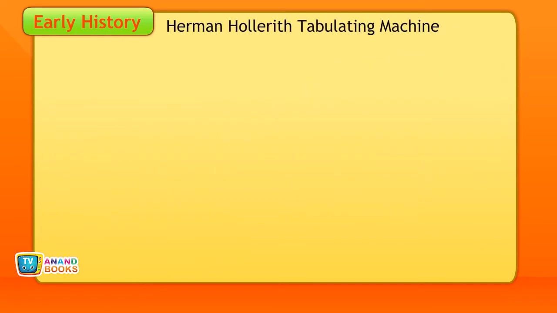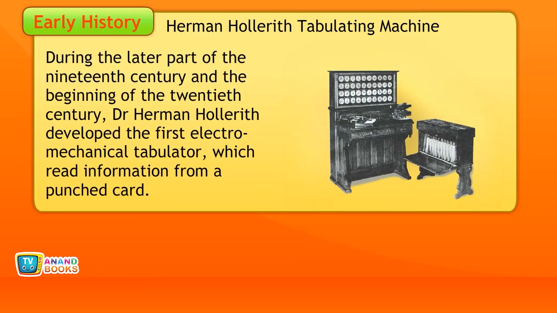Hermann Hollerith tabulating machine. During the later part of the 19th century and the beginning of the 20th century, Dr. Hermann Hollerith developed the first electromechanical tabulator, which read information from a punched card.